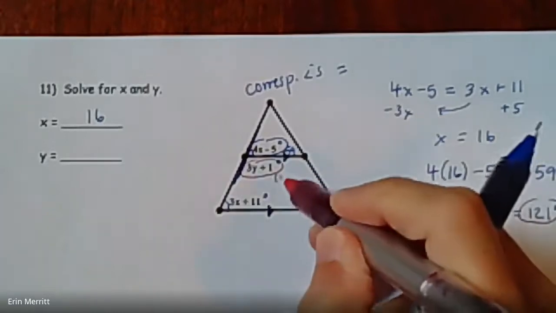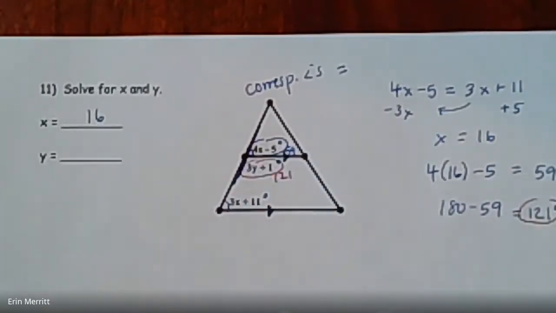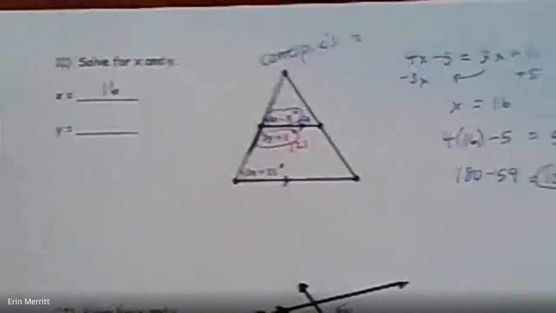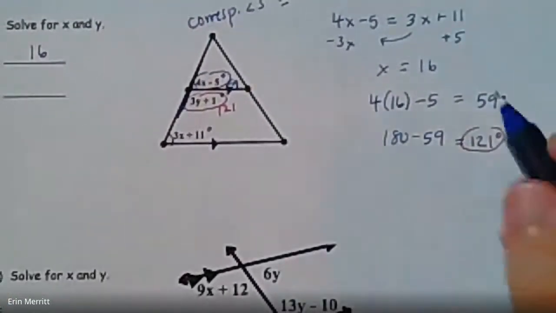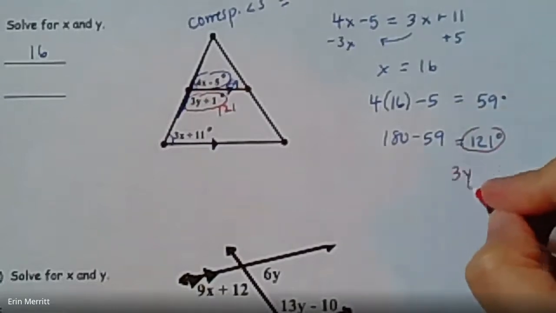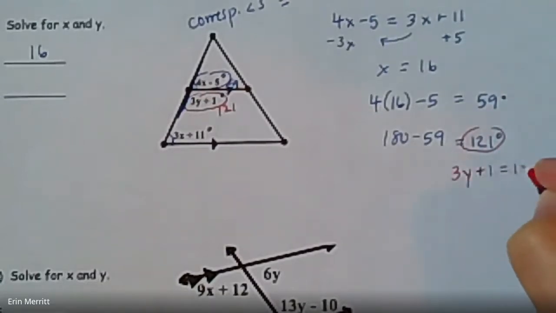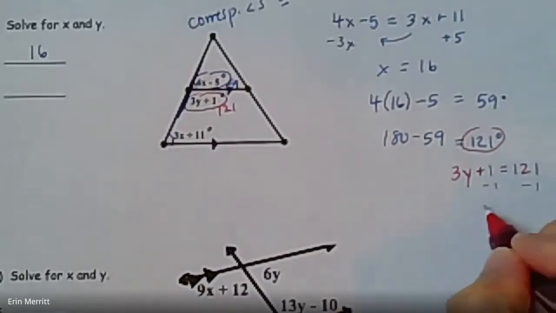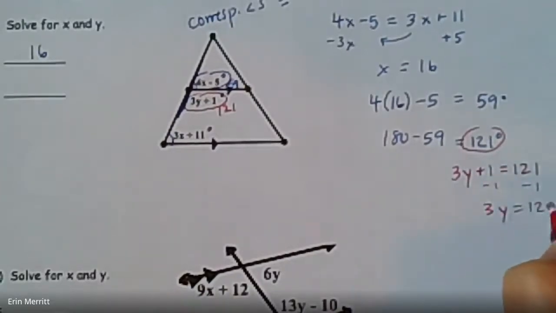So this right here should be 121. And now let's set that expression equal to 121 degrees. So 3y plus 1 equals 121 degrees. Subtract the 1. We get 3y equals 120. Divide by 3, we get y equals 40.